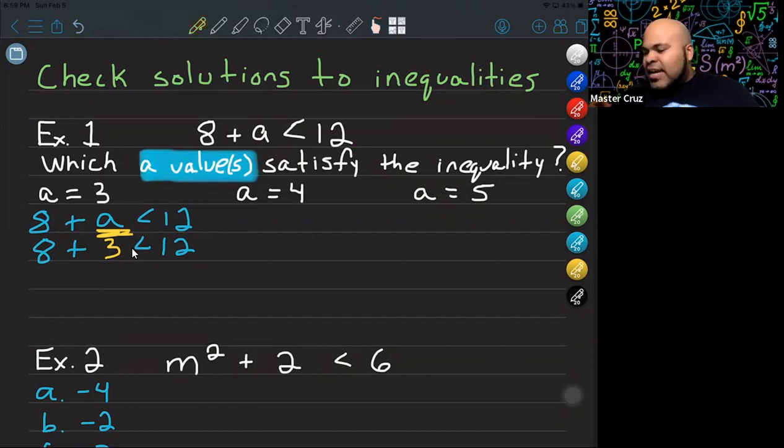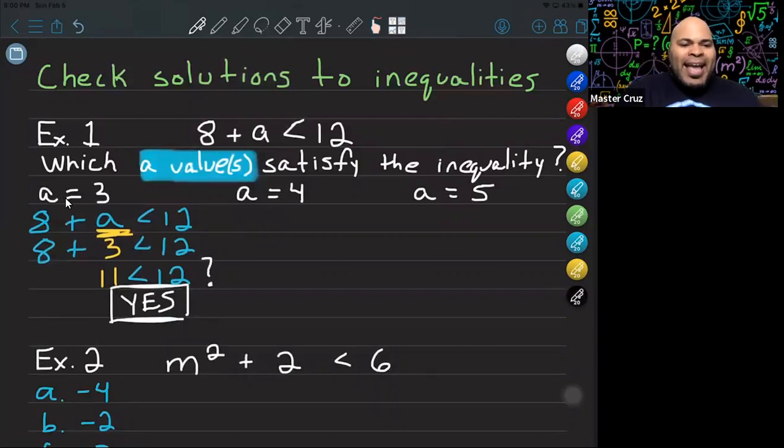So on the left-hand side, I'm going to get 11 is less than 12. And the question is, is this a true statement? And the answer is yes, absolutely. This is true. Therefore, a equals 3 is a solution because 11 is less than 12.